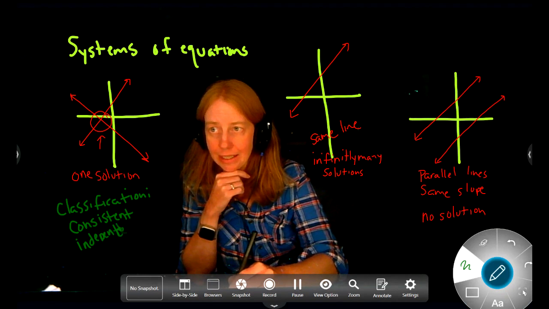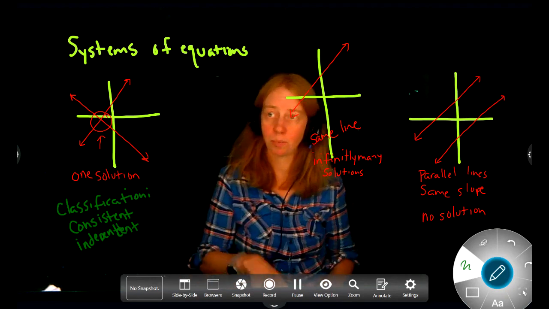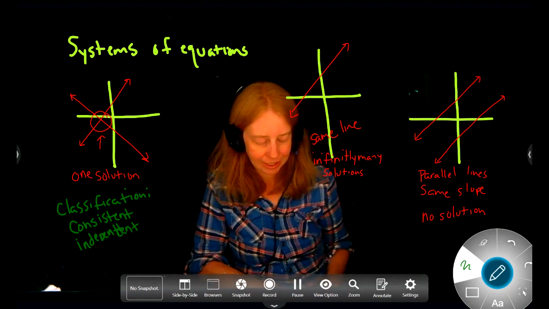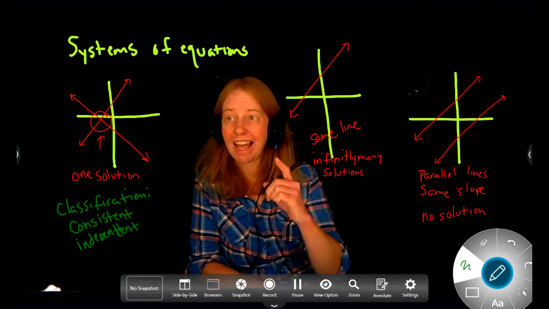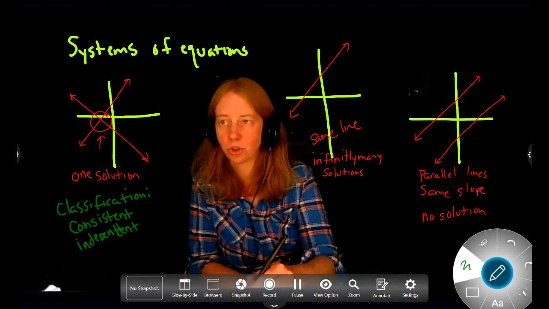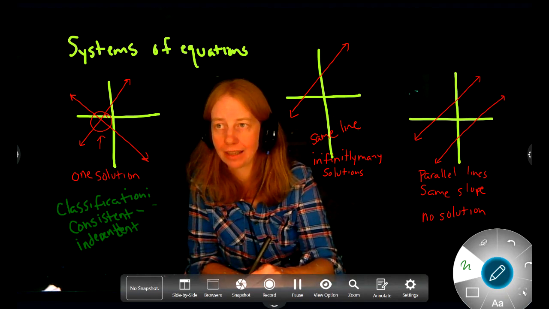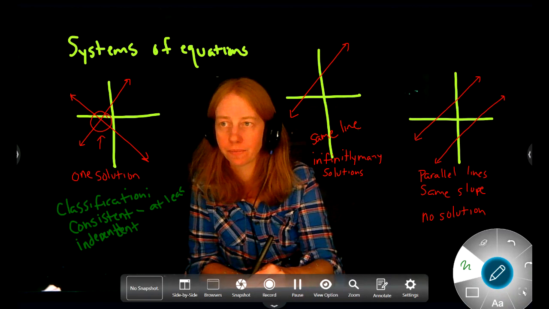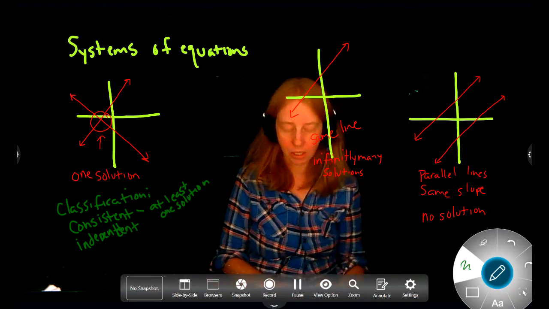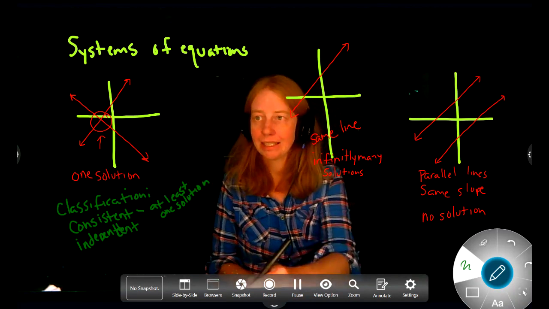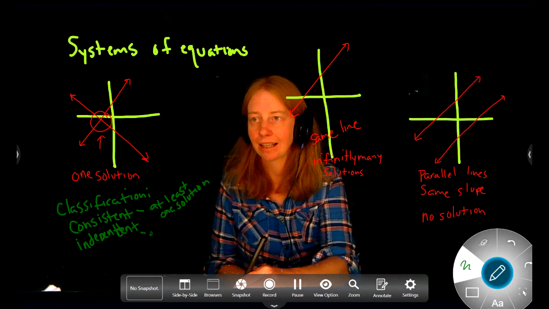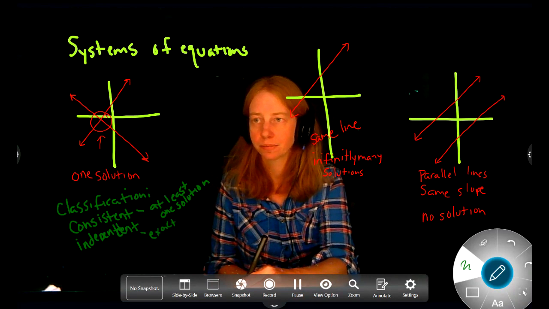It's consistent because there is at least one solution. I'm going to write that for you: at least one solution. And it's independent because it's exactly one solution.